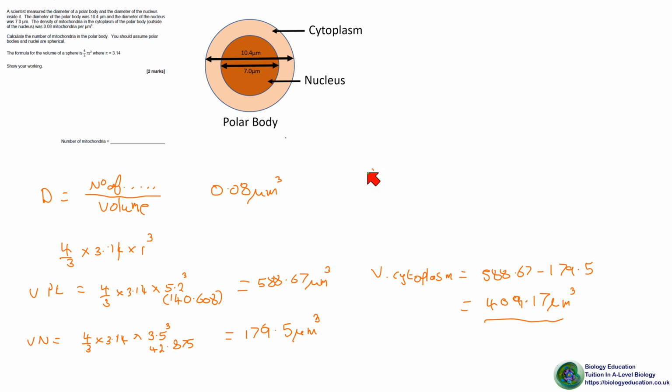So we have the density there, which is 0.08, equal to a question mark, because we want to find the number of mitochondria, divided by 409.17. This involves rearranging the equation to find the number of mitochondria.